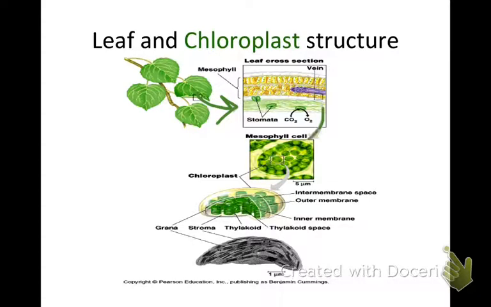Those are in the mesophyll cells of plants. Those mesophyll cells can contain a lot of chloroplasts. And this is what a chloroplast looks like under the microscope. He looks kind of sad. But he's very important. He's not ever sad. He's always making food, so he's happy.